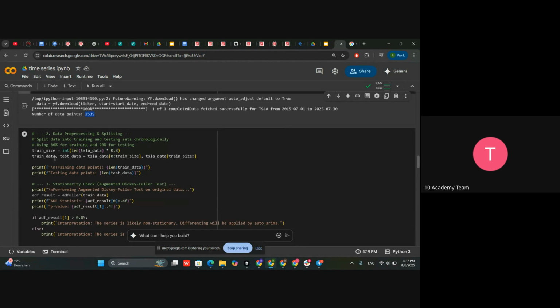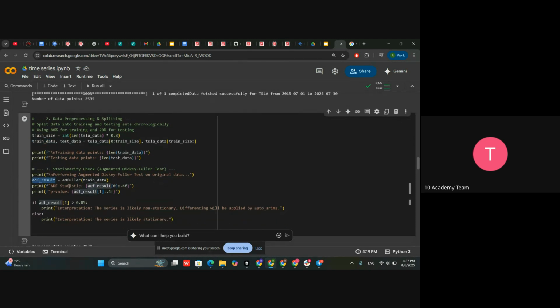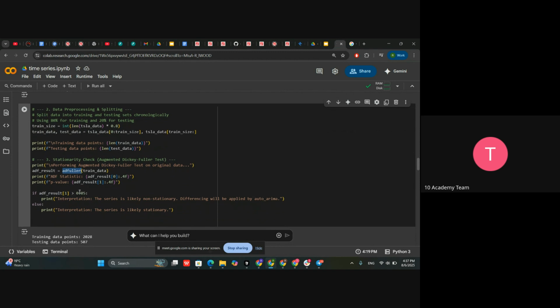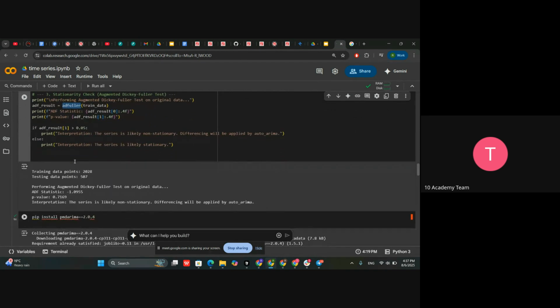Here we have divided the data into train size and train data. For the ADF results, we use the Augmented Dickey-Fuller test on the train data. If the p-value is greater than 0.05, the time series data is not stationary, so we need to apply some differencing. If it is not, then it's okay.